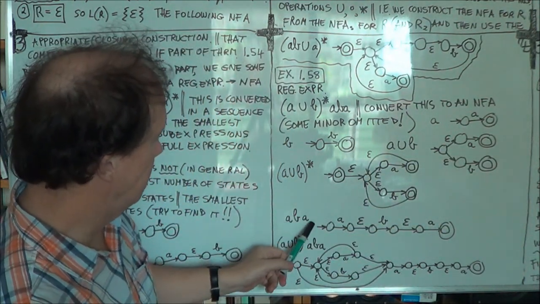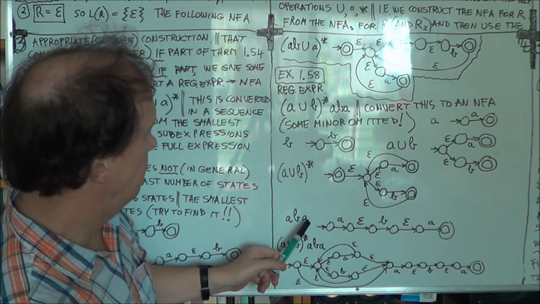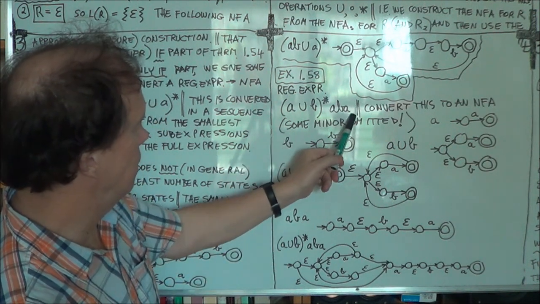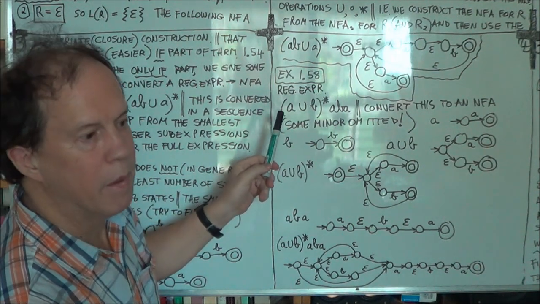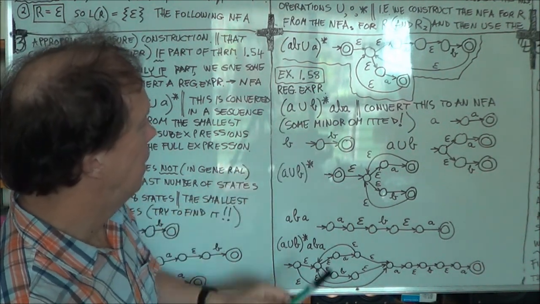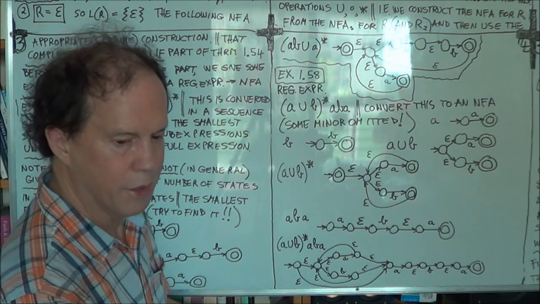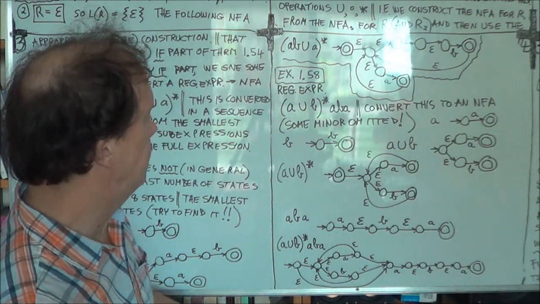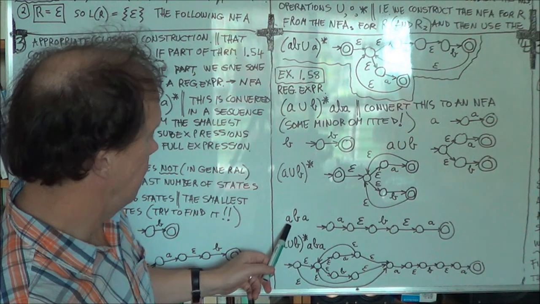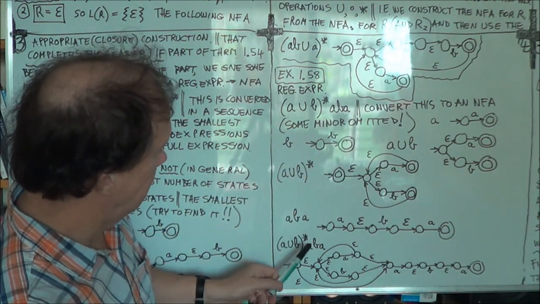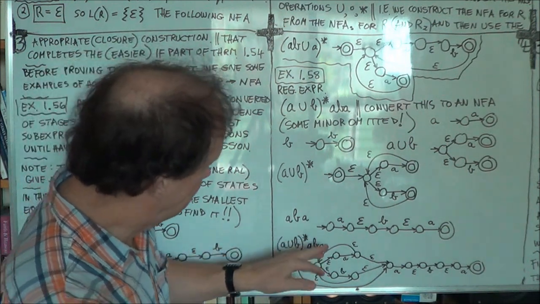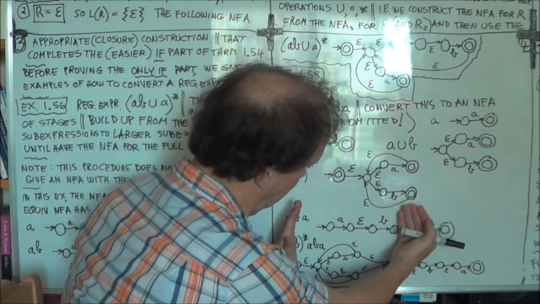Okay. Now here's another part, ABA. Now remember, this is the complete regular expression we're trying to find the corresponding NFA for. So here's another part of it. That's this part. So what's its NFA? Well, we've done AB, so that would be sort of to here.